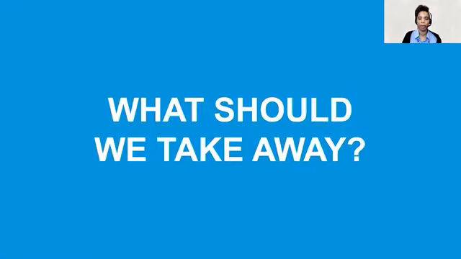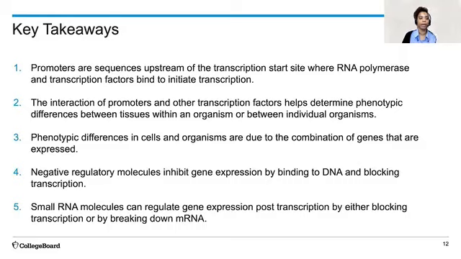What should we take away? Promoters are sequences upstream of the transcription start site where RNA polymerase and transcription factors bind to initiate transcription. The interaction of promoters and other transcription factors helps determine the phenotypic differences between tissues, within an organism, or between individual organisms.